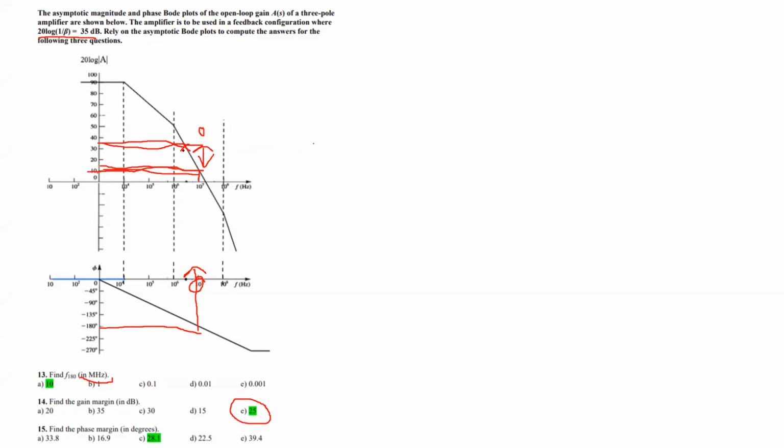Now find the phase margin. For the phase margin I go down along the 20 log 1 over beta line and see how much the phase was at that point. And roughly see what is the closest answer. Between this and 180, how far is the phase from 180?